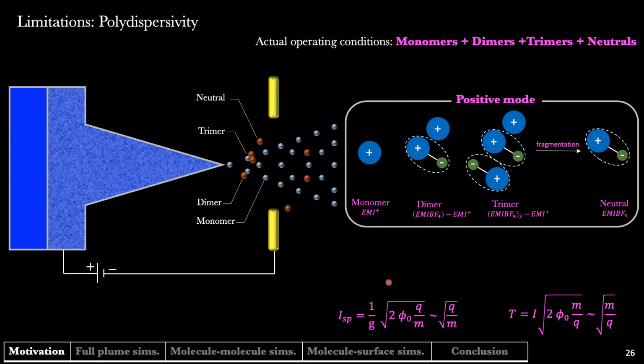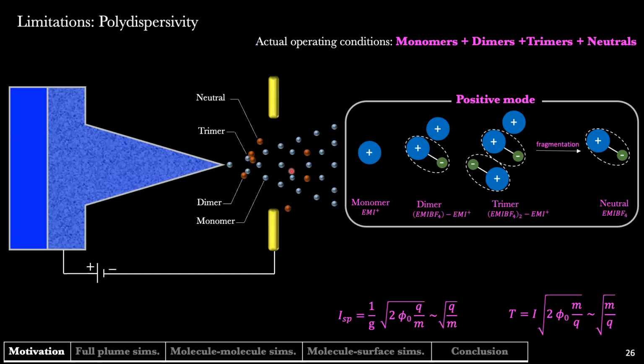And the specific impulse, the ISP, is proportional to the square root of the charge to the mass, whereas the thrust is proportional to the square root of the mass to the charge. So heavy molecules contribute more to the thrust, and light molecules contribute more to the specific impulse. But this difference in the charge to mass ratio within the plume creates some imbalance in the plume that we are trying to study and understand.